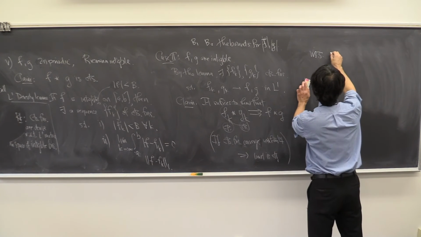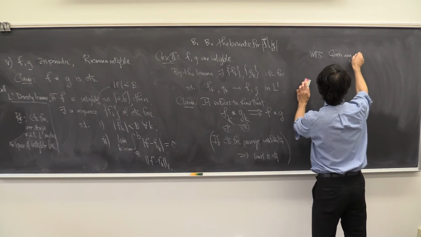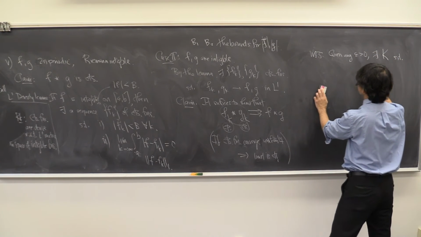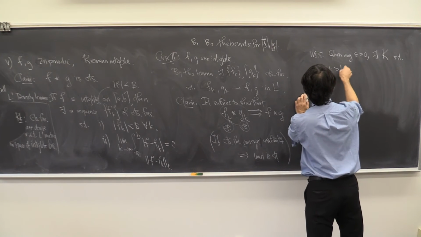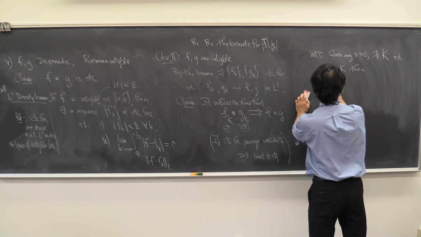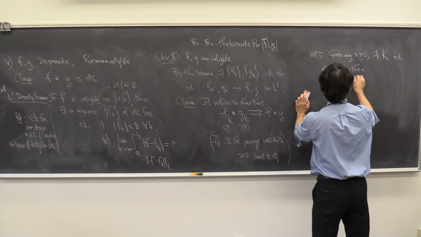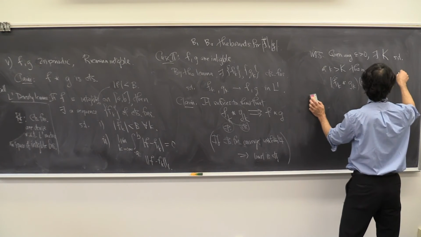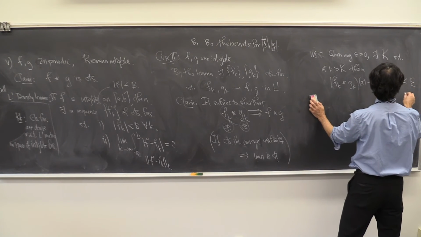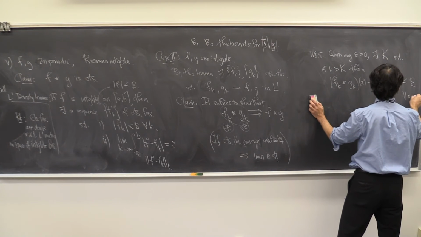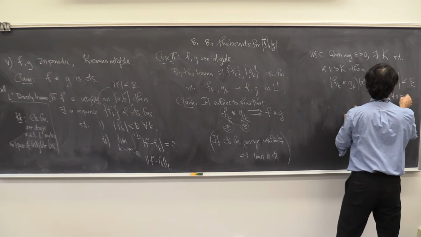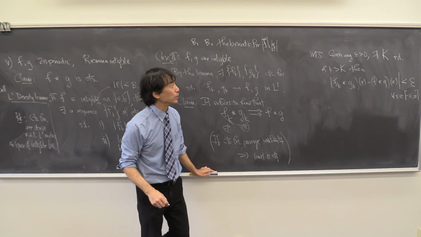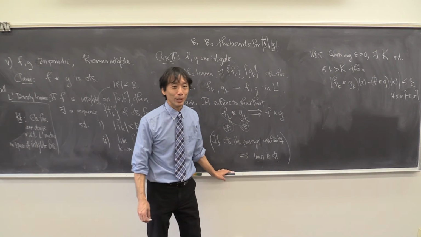In other words, that given an epsilon, there exists a big K such that if little k exceeds that big K, then the absolute value of fk convolved with gk at x minus f convolved with g at x is smaller than epsilon for all x, right, uniformly. That's just the definition of uniform convergence. You need not write it.